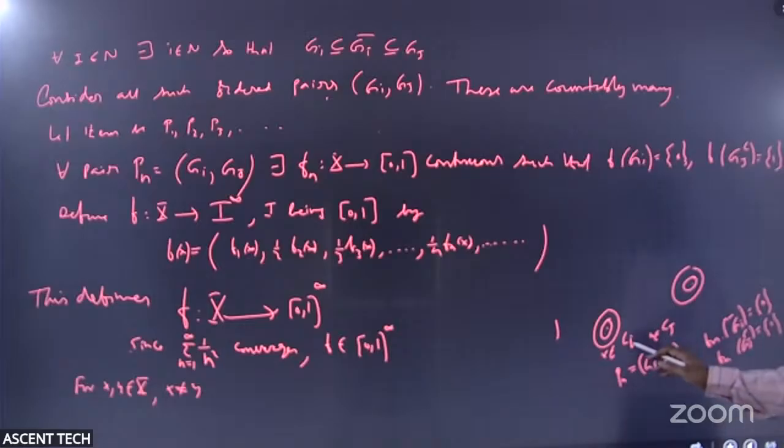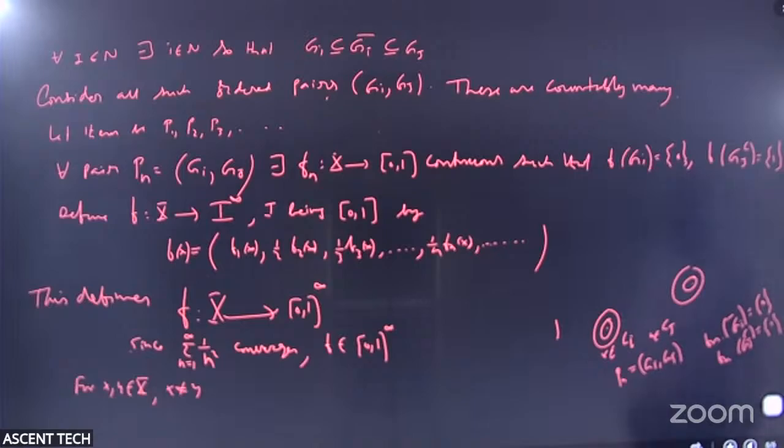Now x is in Gi, so Fn(x) will be 0. What about Fn(y)?